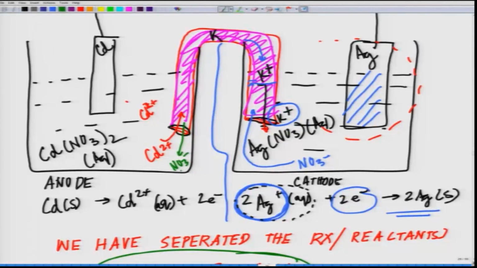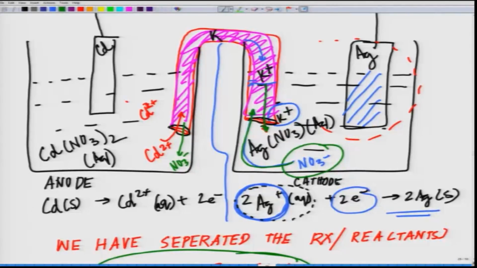So, on the cathode chamber, the negatively charged ions had a small amount of migration into the salt bridge, whereas positively charged potassium ions from the salt bridge slightly migrated to the cathode side.